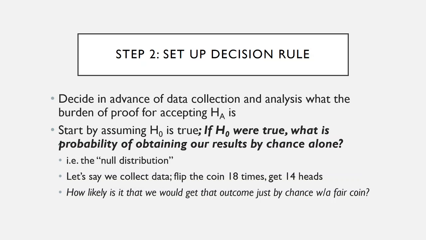We're going to compare our actual obtained results against that null distribution to figure out whether our results appear to jibe with the null distribution, or if our results are so unlikely to happen in the null probability distribution that the more likely conclusion is that we've truly found an effect.